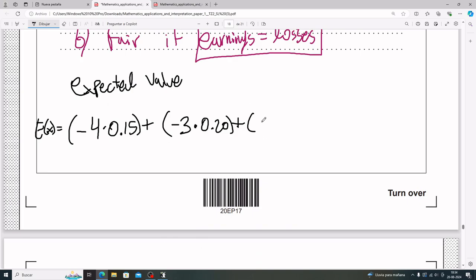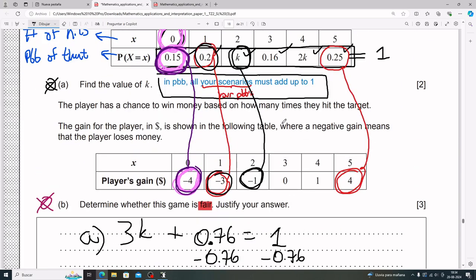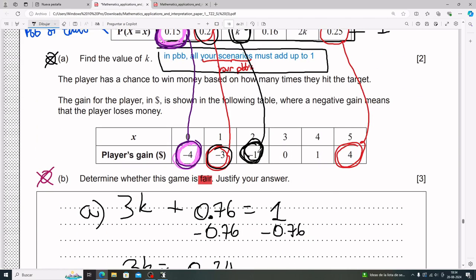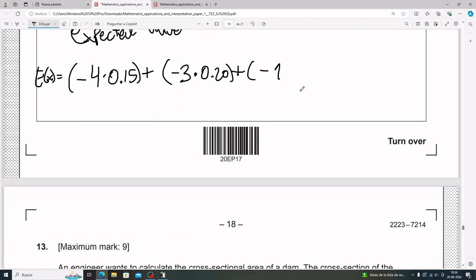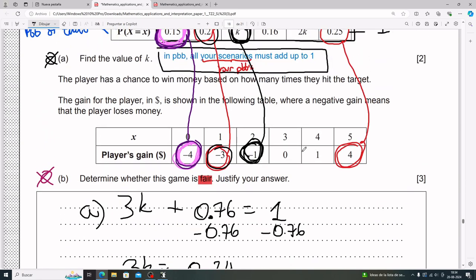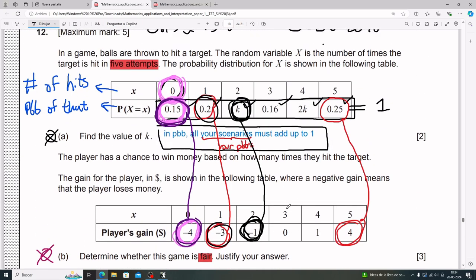So the probability of paying $1, this one right here, is k%, k is 8. So -1 times 8, plus the probability of paying 0, so basically nothing happens, is 16%.